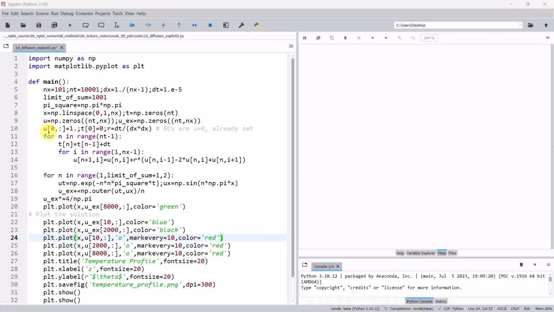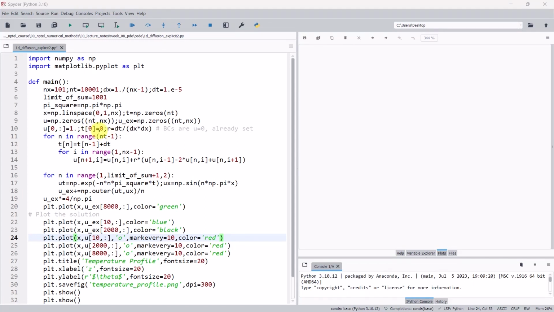U is my unknown here, which is temperature, and that is a numpy array of size nt by nx. So all the data I am storing, this is not a very good programming practice, but this is for the sake of just checking here.